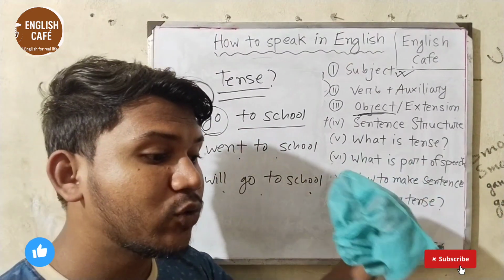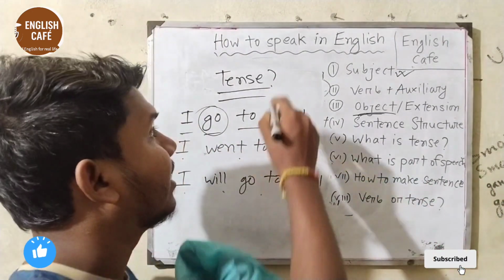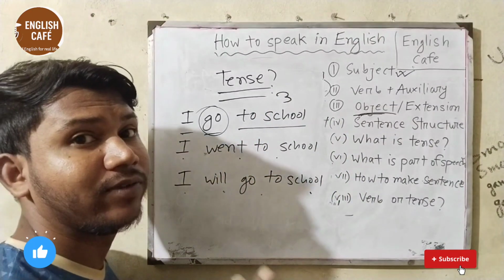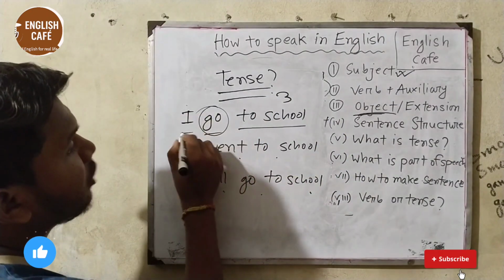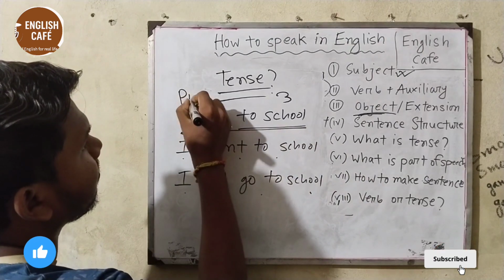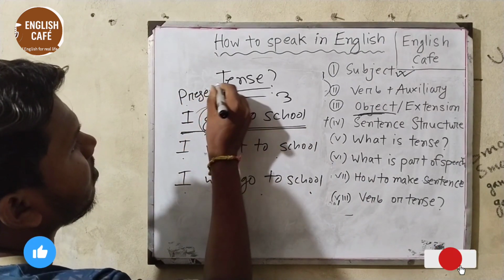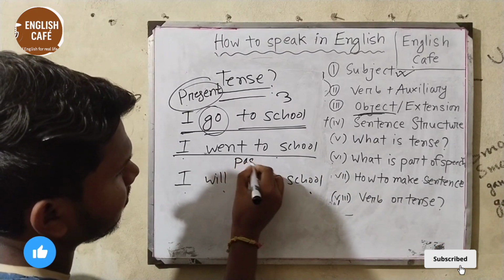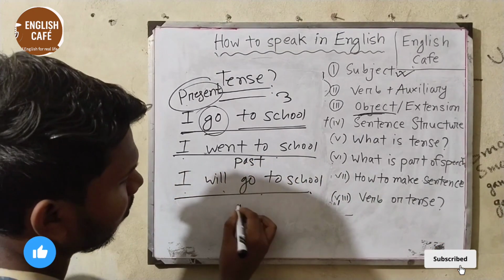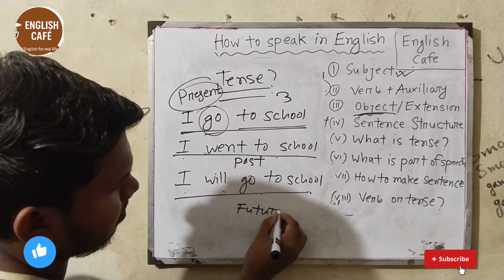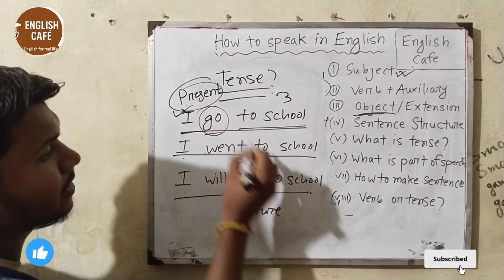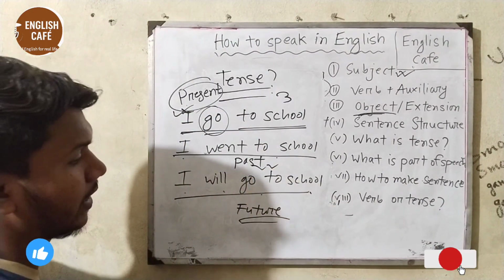So according to the time of a sentence, we can divide tense into 3 types. This one is present tense. This one we can express as past tense. And this one is future tense.